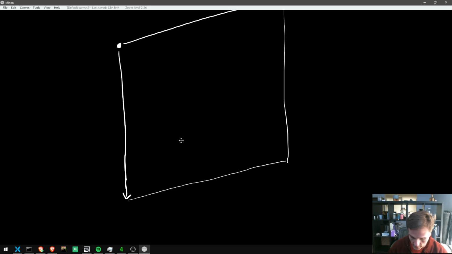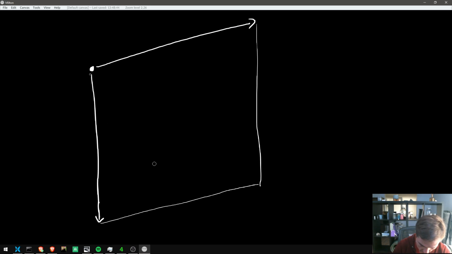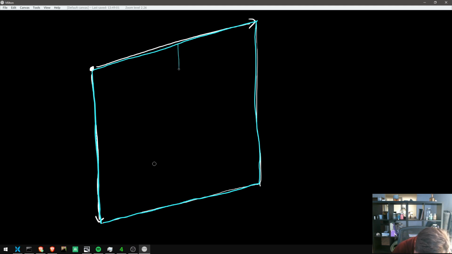If that's our object, then our texel space is like this. Here's the boundaries of the texture in pixel space, and then subdivide it.